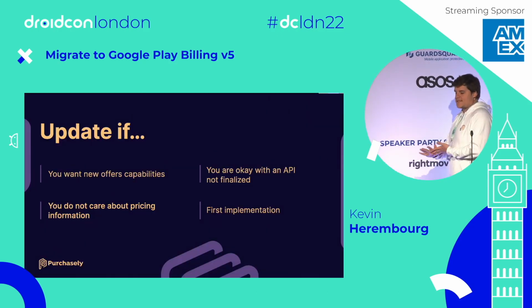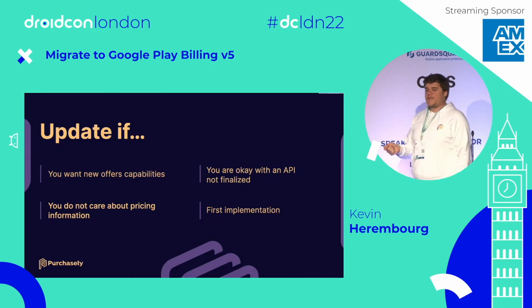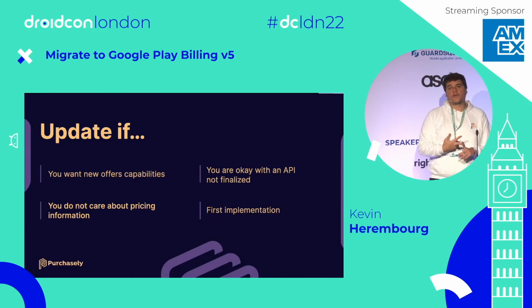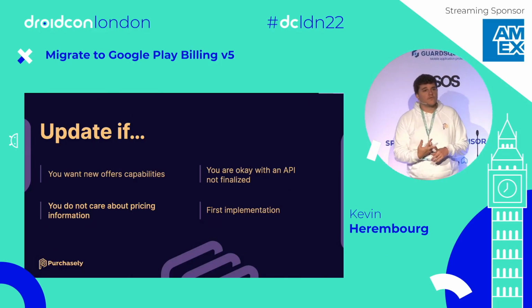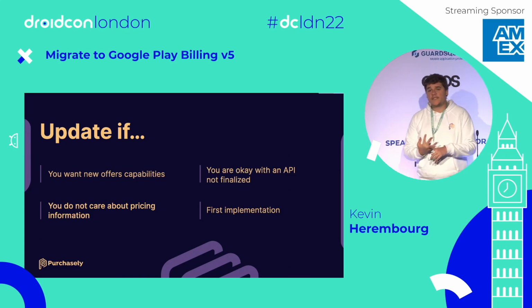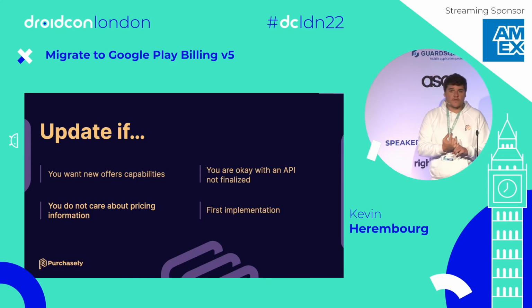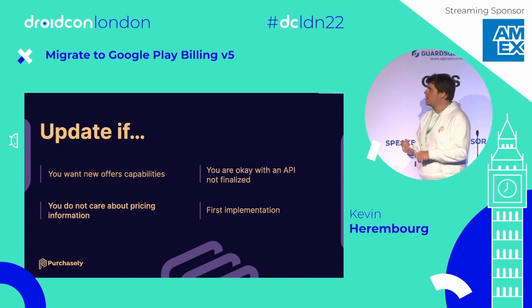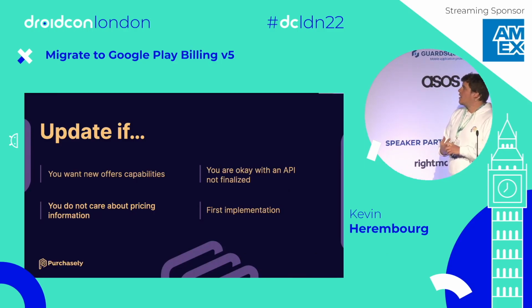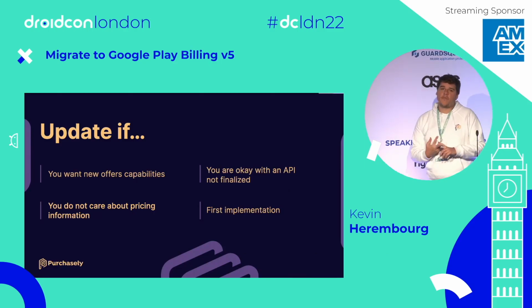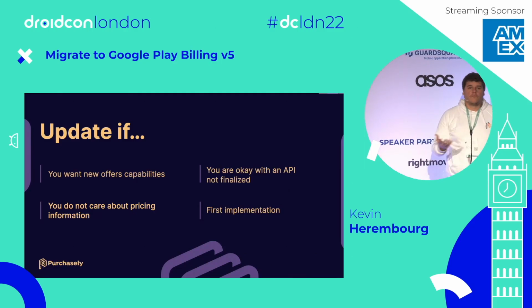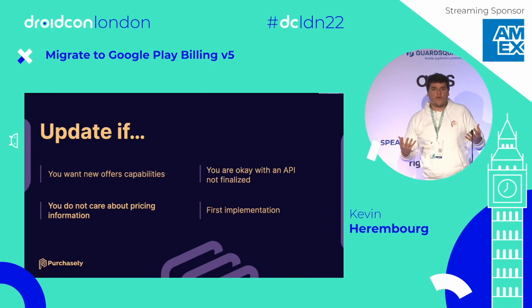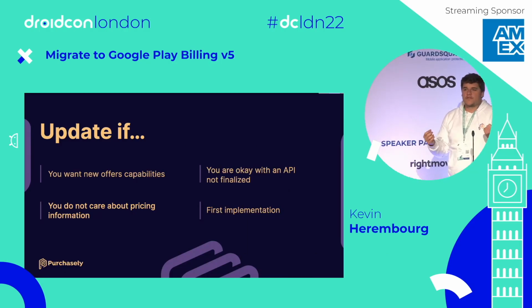So what I would suggest is only update if you want to enjoy the new offer capabilities, to offer prepaid plans to your user, to change your country availability, to have special offers for special users if you want to win them back, to prevent churn. If you do not care about the pricing information, normally a lot of developers don't really care about what the user is paying.